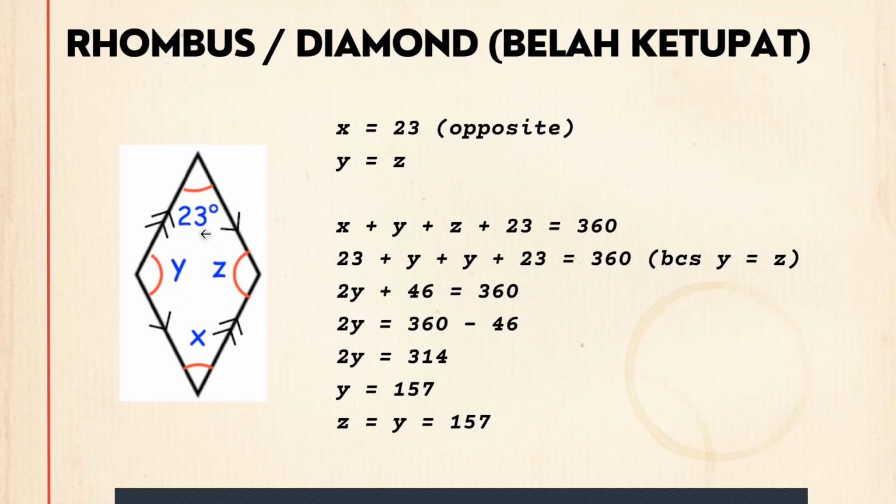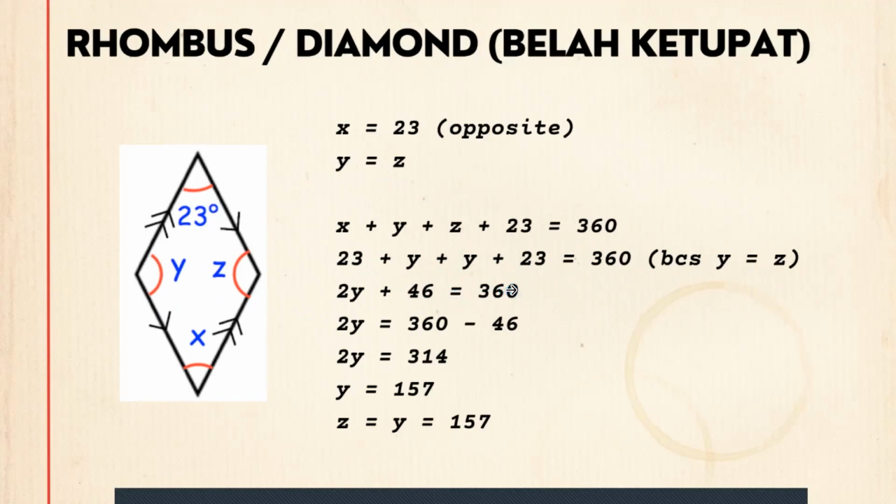Okay? And we know that because Y equals Z, we can rewrite it like this: 23 plus Y plus Y plus 23 equals 360. And we add all the same variables together: 2Y plus 23 plus 23, which is 46, equals 360.